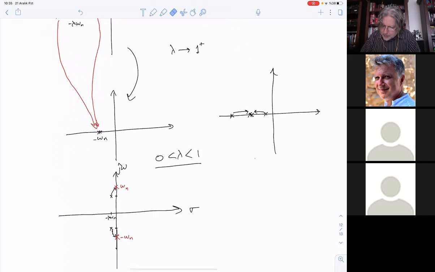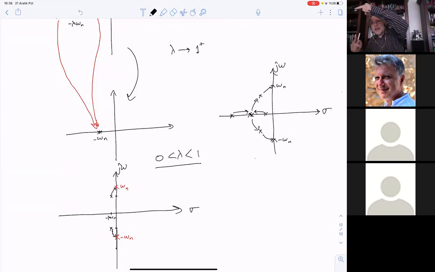And from there on, one of them moves up, the other one moves down, like this, in conjugate pairs, and they first move until omega n and minus omega n. This is the j omega, this is the sigma axis. Okay, they merge and then they split and move closer to the j omega axis, and they end at the j omega axis when lambda is equal to 0.